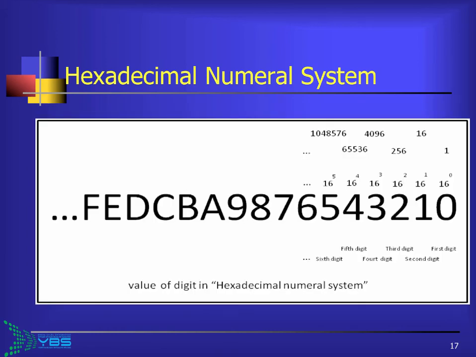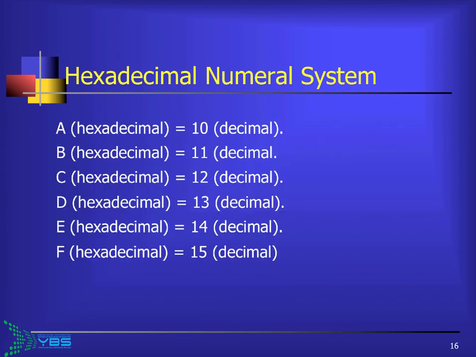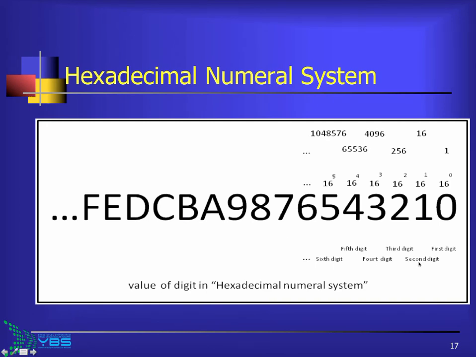Let me show the 16-digit numbers, from the right starting at 0, 1, 2, 3. Remember that A is 10, B is 11, and so on. Ladies and gentlemen, as always, the base number for hexadecimal is 16, its power 0, power 1, power 2, power 3.